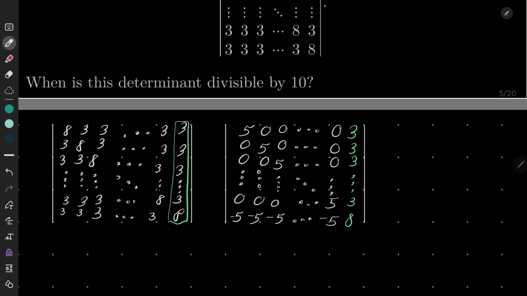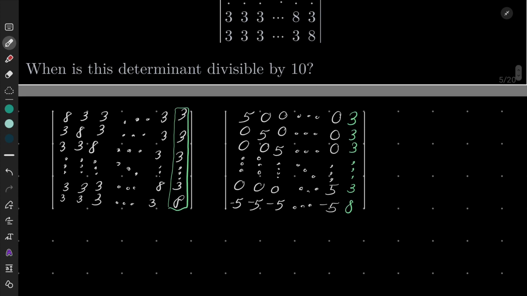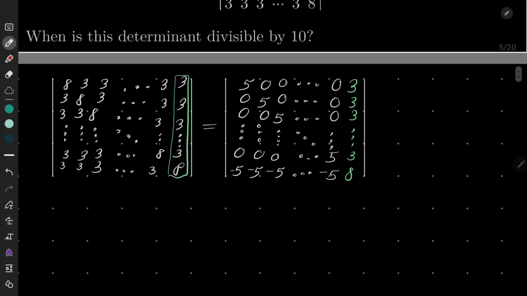So now we have a bunch of zeros, and these determinants are the same.